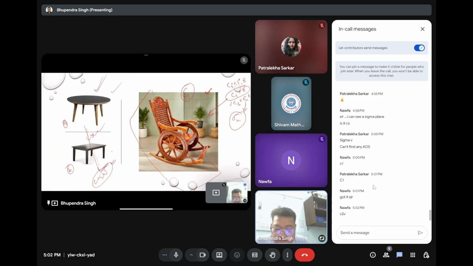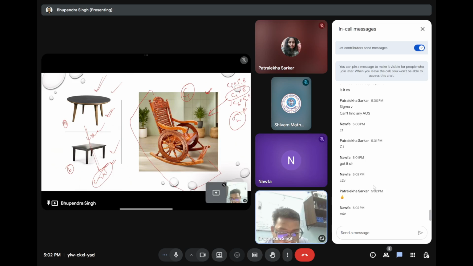What about this table? Patlekha, Shivam, did you get it? Point group of this is C2V. Okay, Patlekha Singh, okay. So point group of this A, this table. Nafai Singh, C4V. What about Patlekha and Shivam?